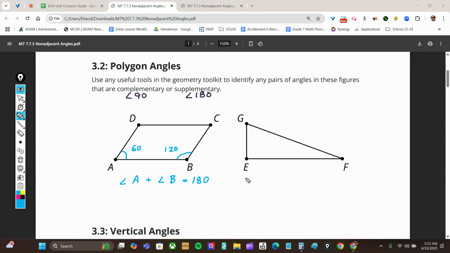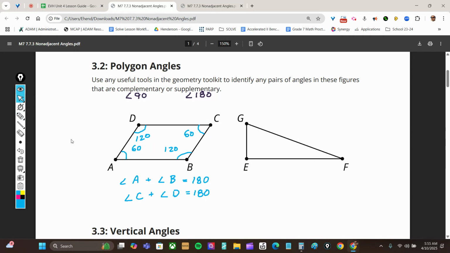So those are supplementary. Same thing over here. So this right here, 60, and this one over here equals 120. So angle C plus angle D equal 180.